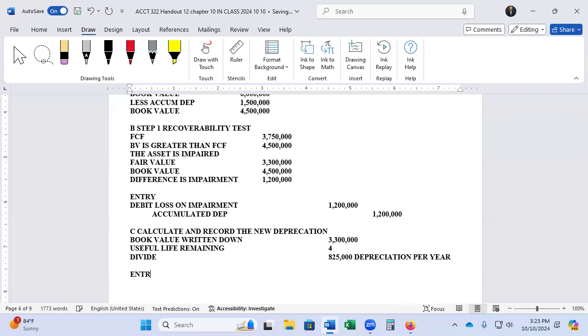And so we have to record the entry depreciation expense for 825,000 and accumulated depreciation for 825,000. Any questions?